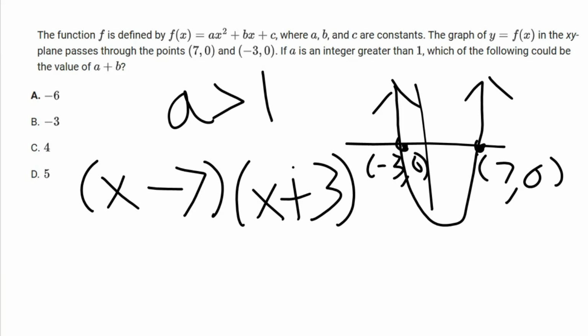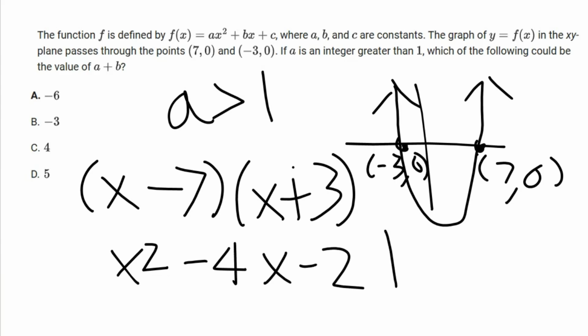However, the important thing to note is that if you multiply this out like this, then a is not greater than 1. It's just 1. And so you multiply the entire thing by a so that it's still equivalently the same.